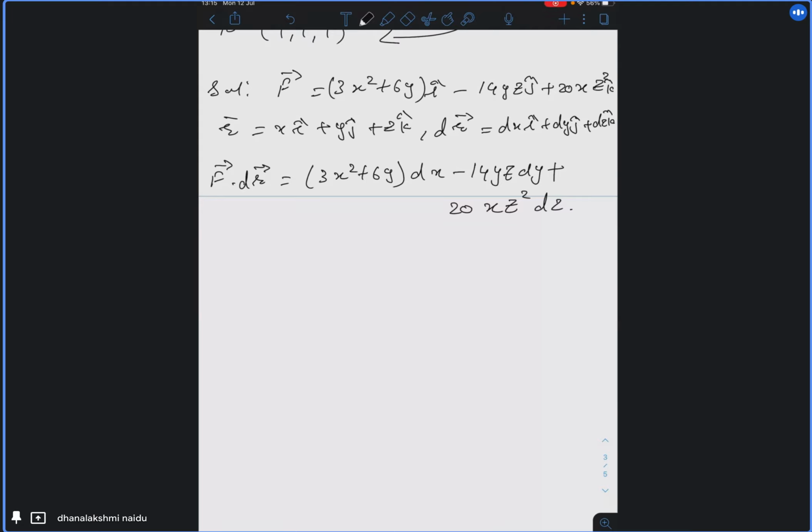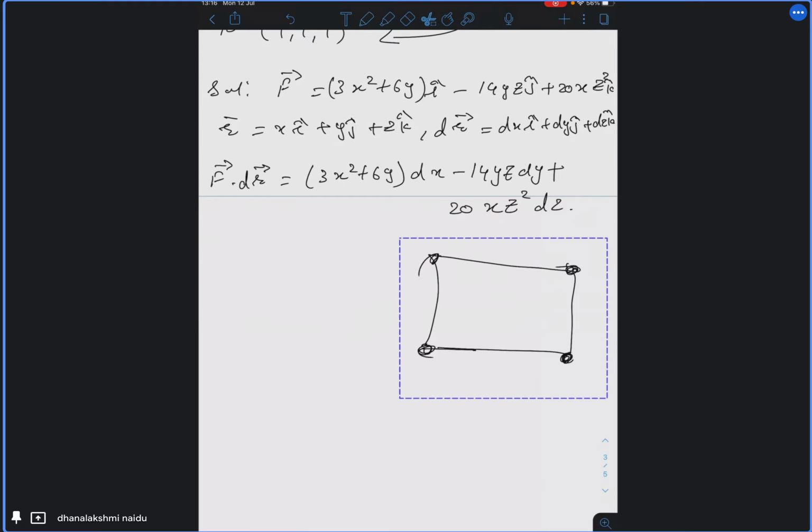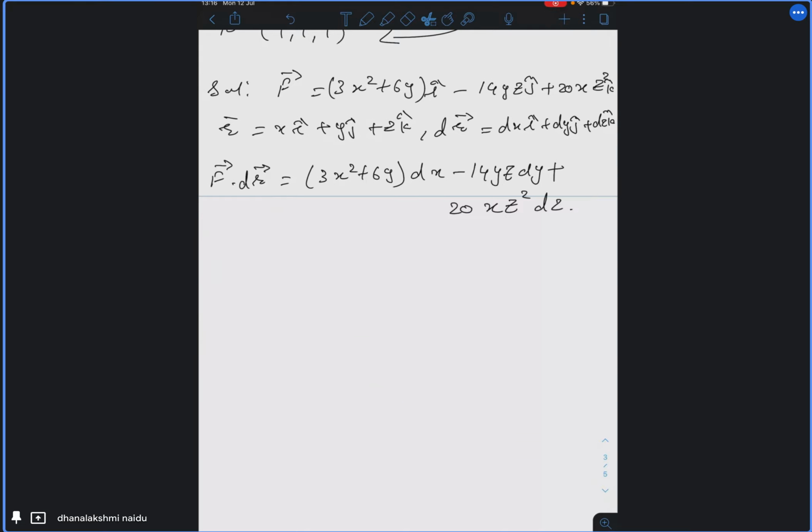So the whole curve is given in this form: from 0, 0, 0 to this point, then from this point to this point, then to this point, and again to this point. Understood, all of you? Yes, ma'am. So along each line we have to solve this.